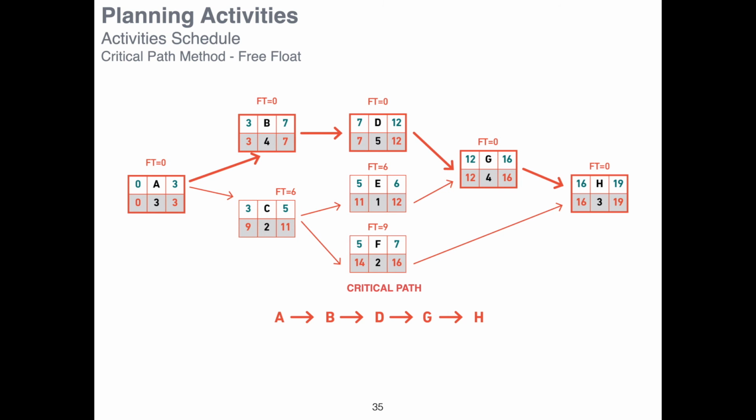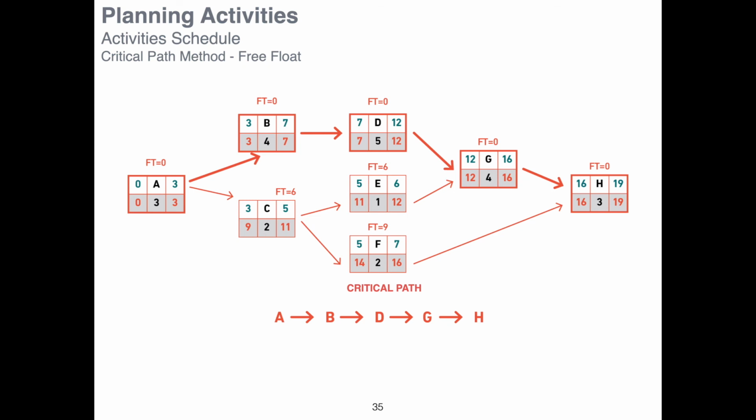But if I delay activity B by one single day, I will compromise the completion of my project on 19 days. What the critical path method gives us is the possibility during the project implementation to actually take decisions on how to prioritize activities. For instance, activity B and C, they will both start on day 3.